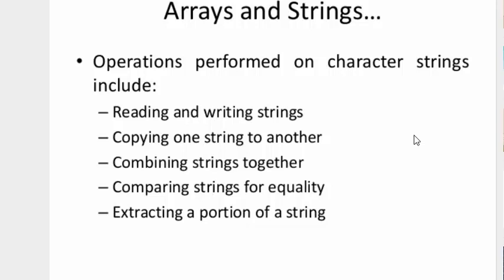We can check whether two different strings are equal or not, or we can extract a portion of a string. So from one single long string we can extract a substring.